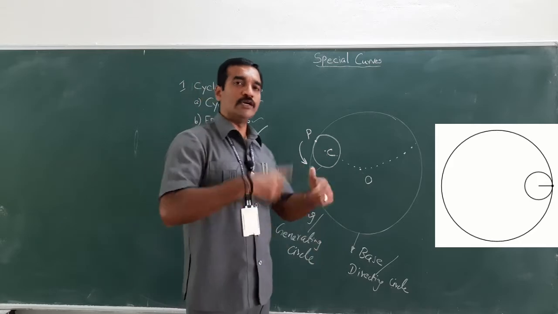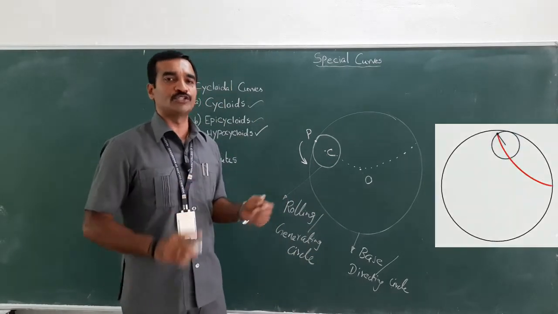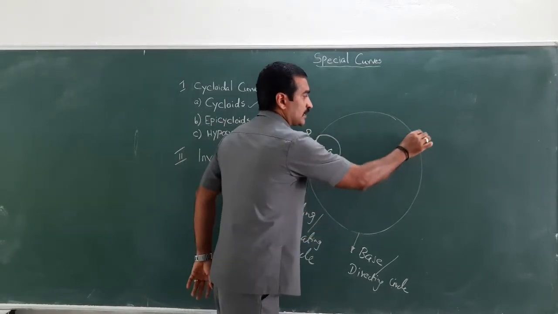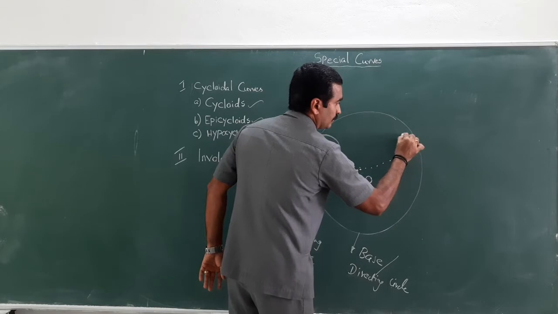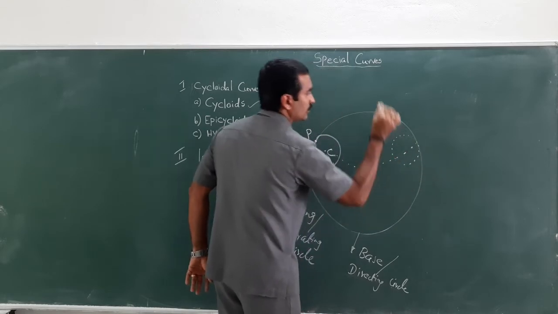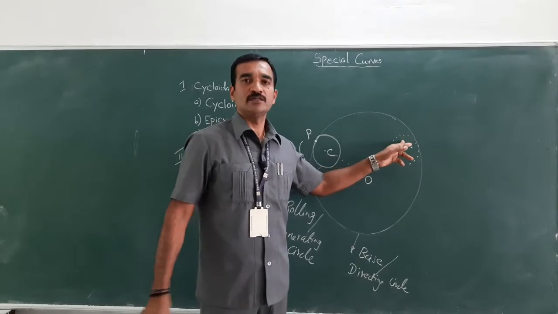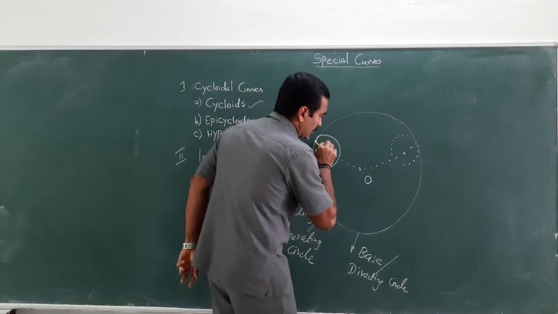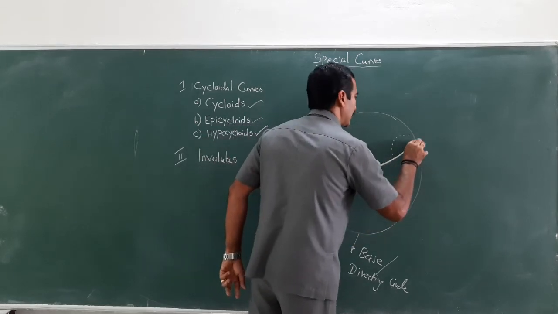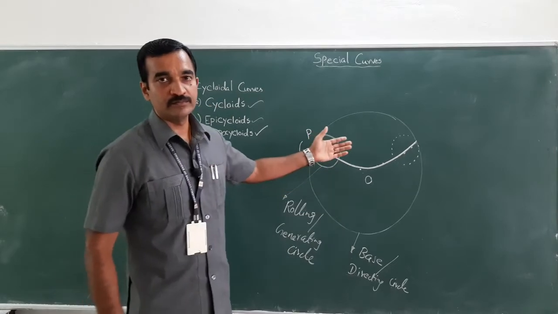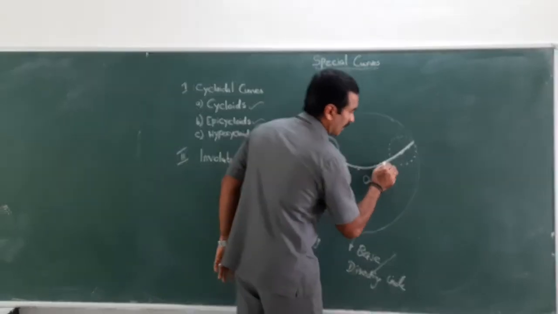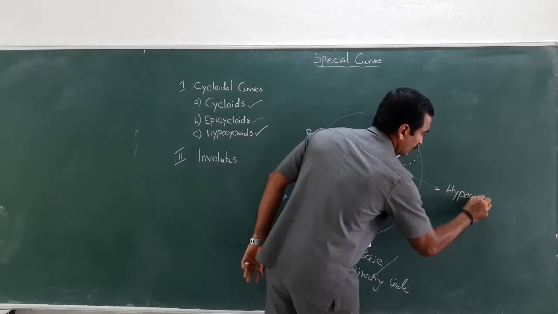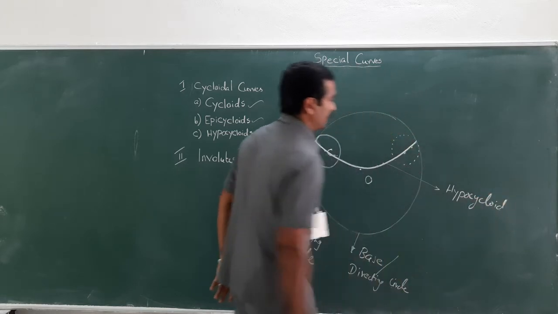To complete one full revolution or one full convolution of the rolling circle, it leaves some traces and it completes here, right? So, now the rolling circle is somewhere here after one full revolution. When I plot the traces, I get a curve. So, this curve is nothing but the hypocycloid.